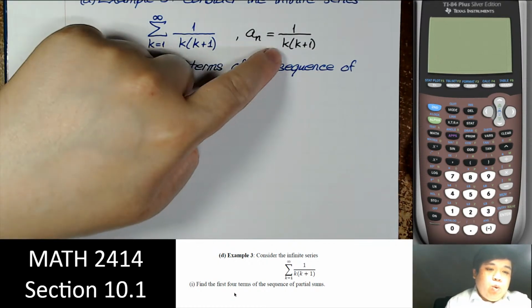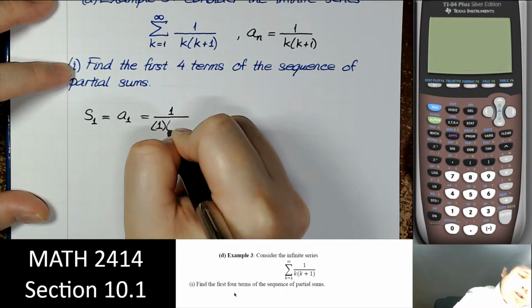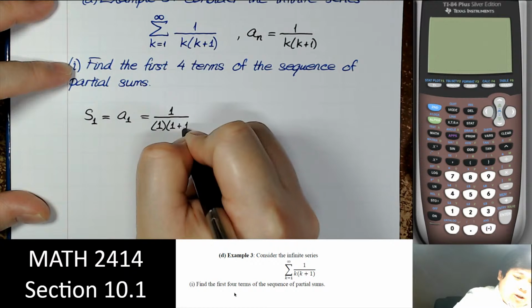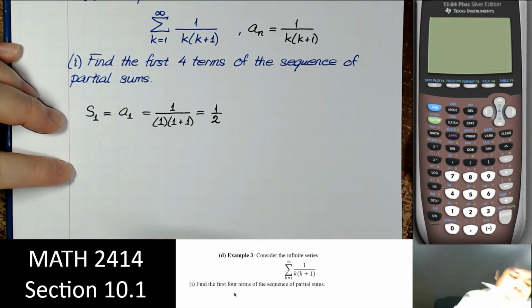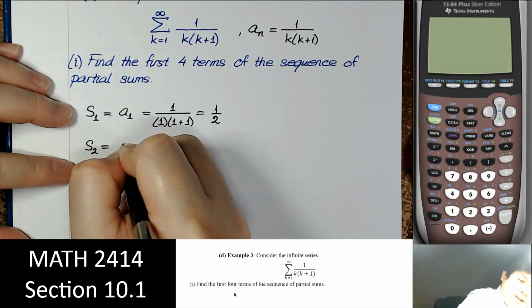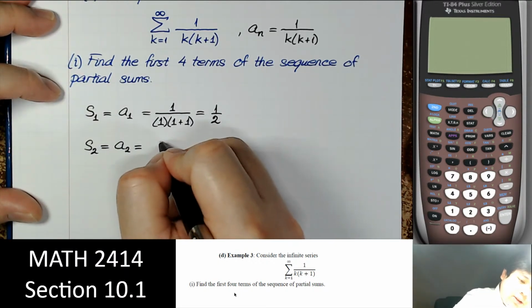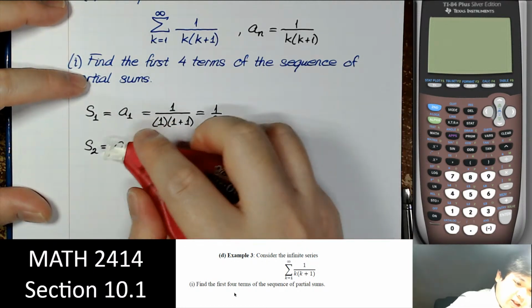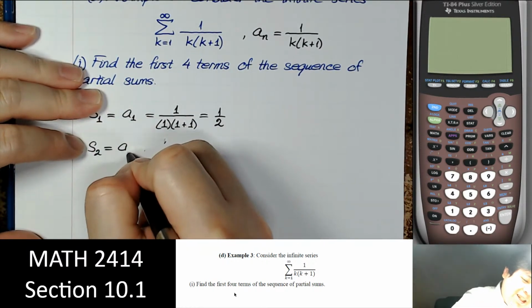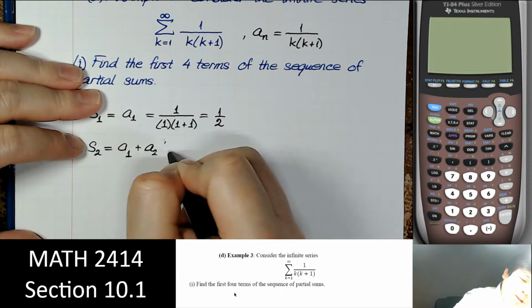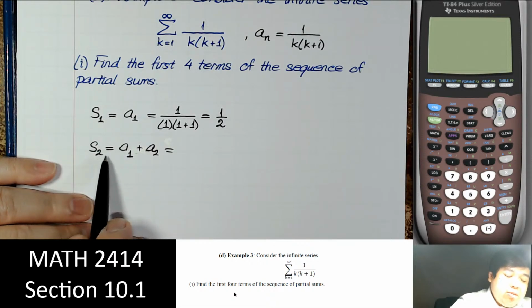So for A1, we're going to put 1 in for k. k is 1, 1 times (1 plus 1), 1/2. Now, S2 is the sum of the first two terms, A1 plus A2.